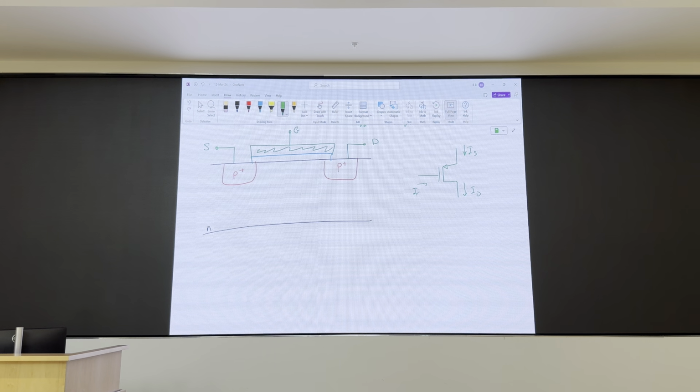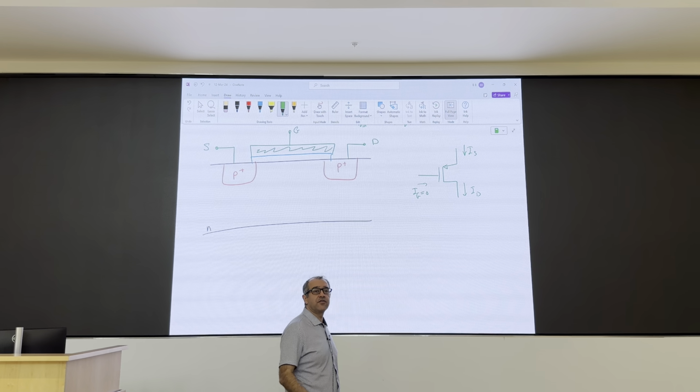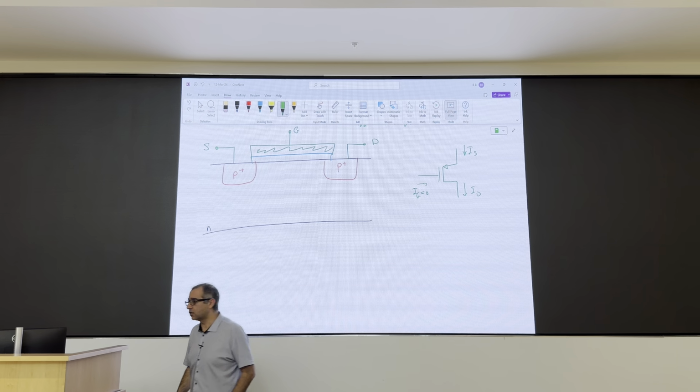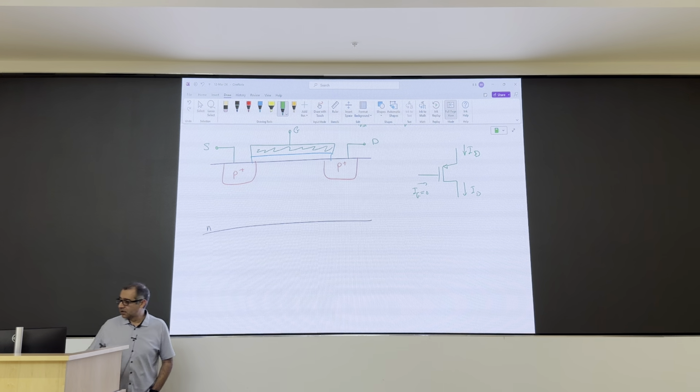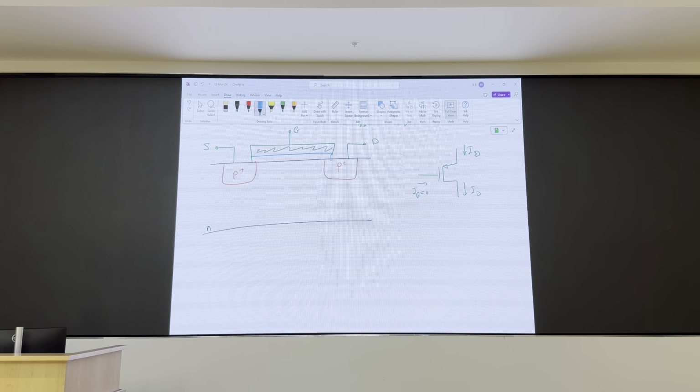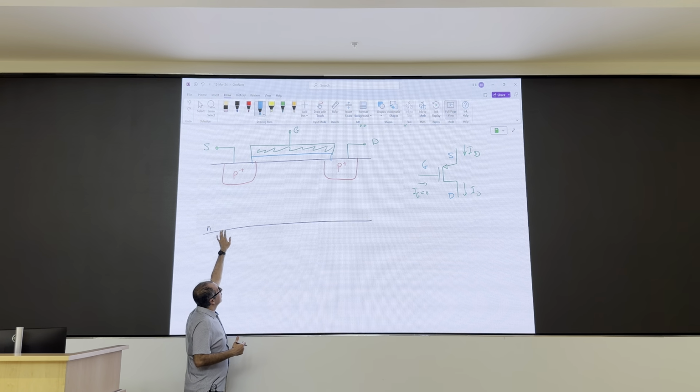IG is 0, like before. Okay? So therefore, ID and IS are equal. So I don't even bother writing IS. It is ID going in, ID coming out. Source, drain, gate. And then of course you still have the body connection.